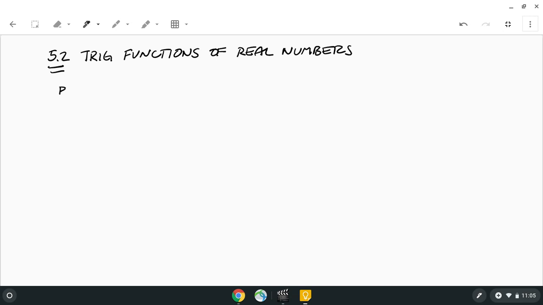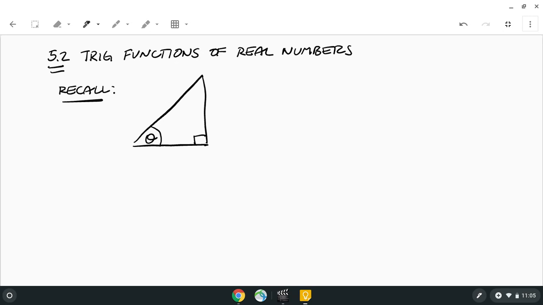Okay, so let's just kind of recall. Hopefully you remember this when you had your right triangle trigonometry, right? Okay, so this is a right triangle, and suppose this is our angle theta.